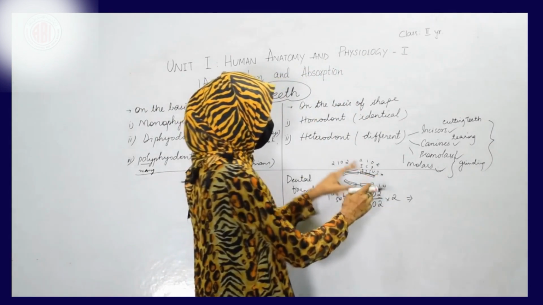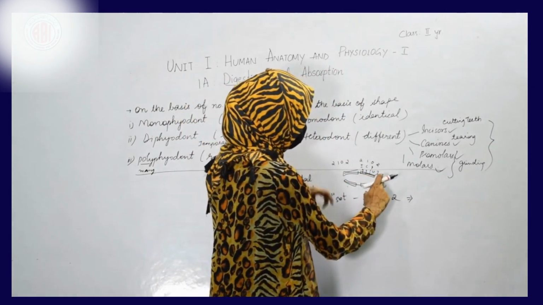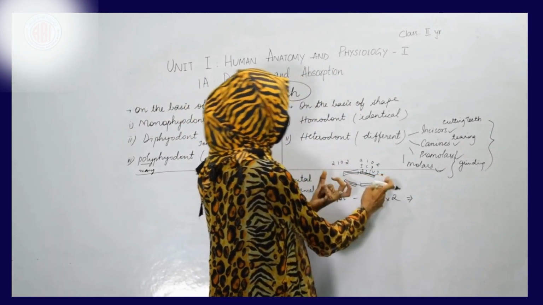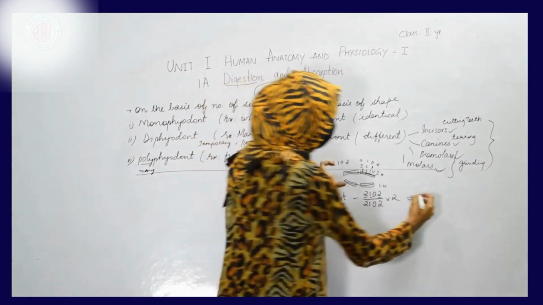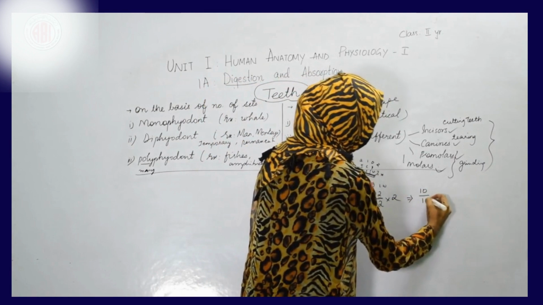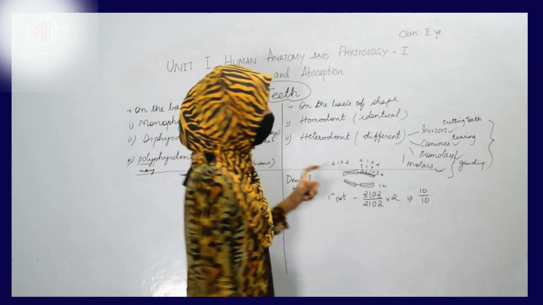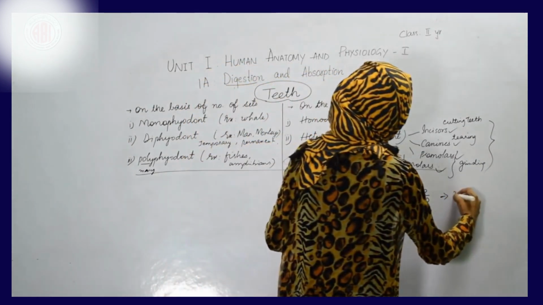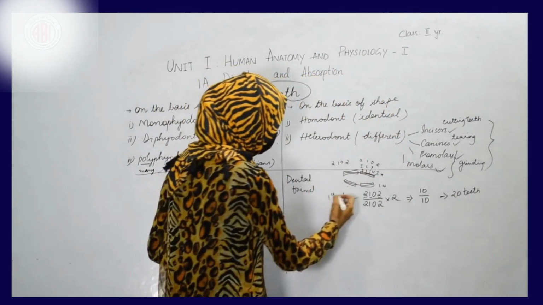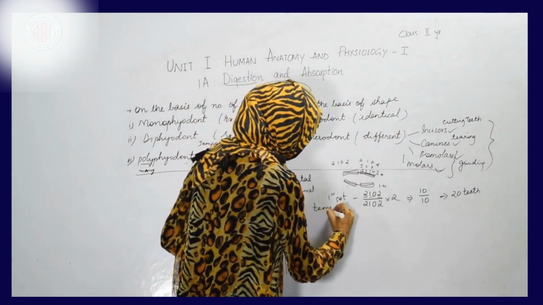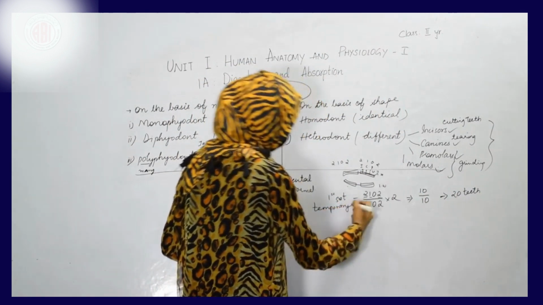In the upper jaw, the left part shows the presence of 5 teeth and the right part shows the presence of 5 teeth. Likewise, 10 will be present in the upper jaw and 10 will be present in the lower jaw. If you add up this, then in total 20 teeth can be found as the first set, that is as temporary teeth or milk teeth.